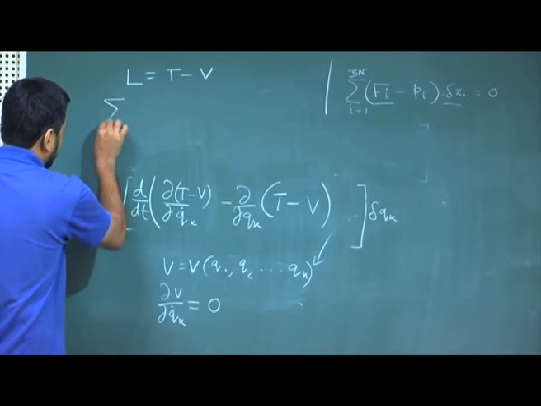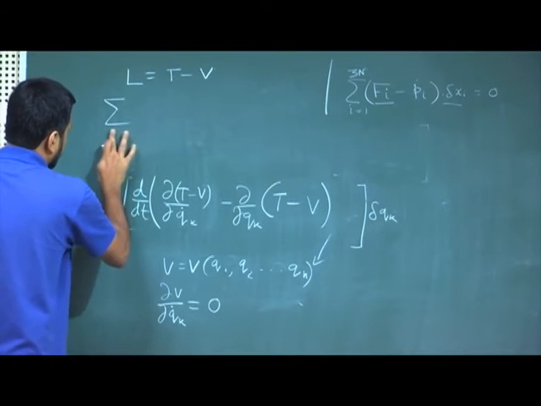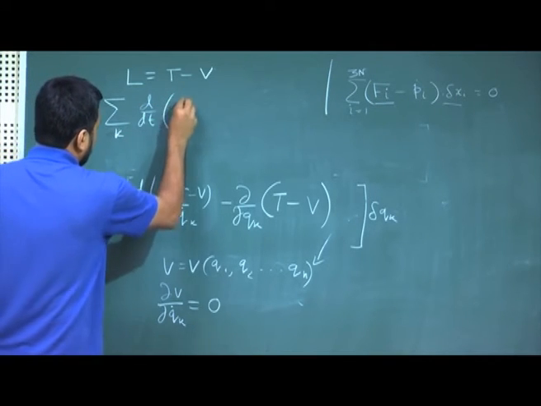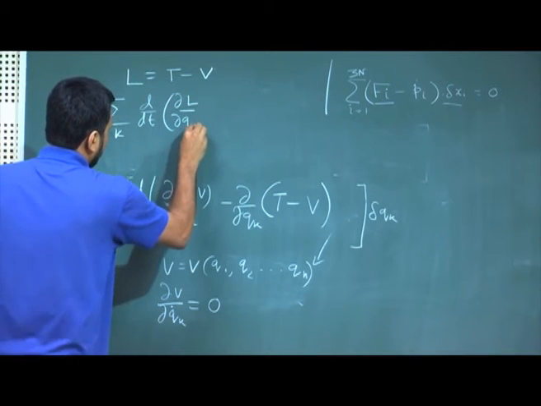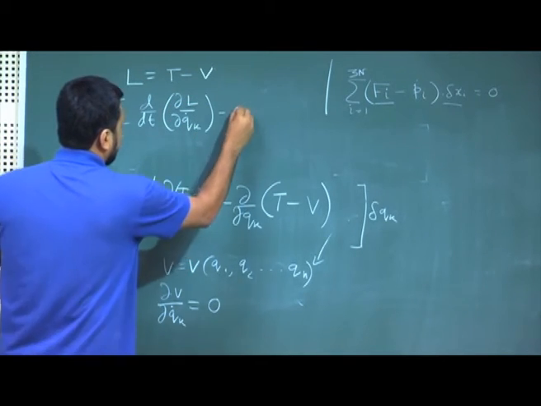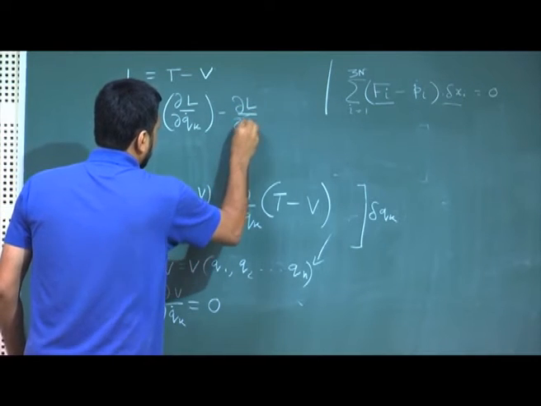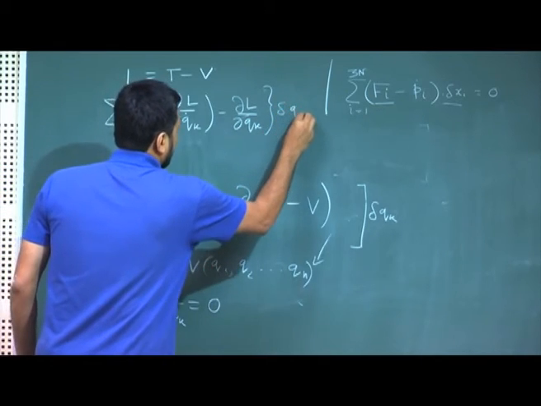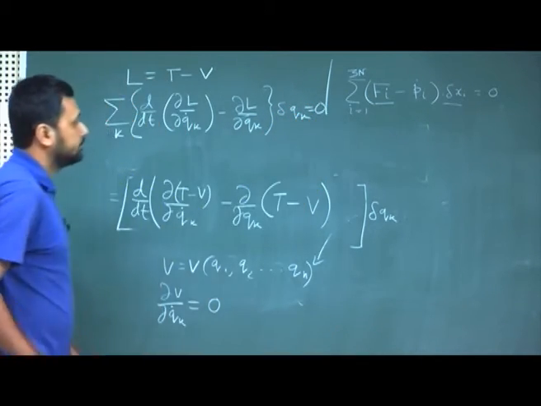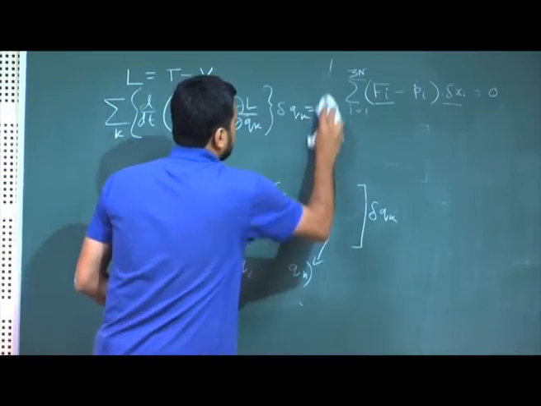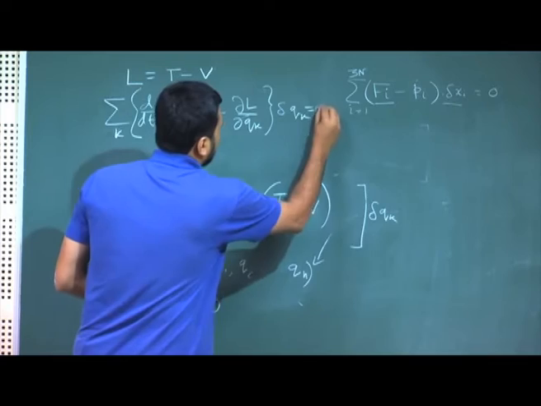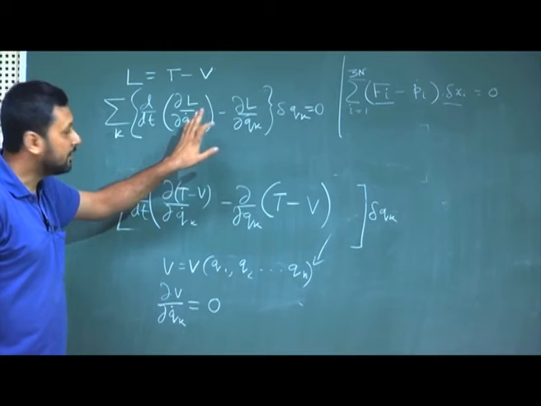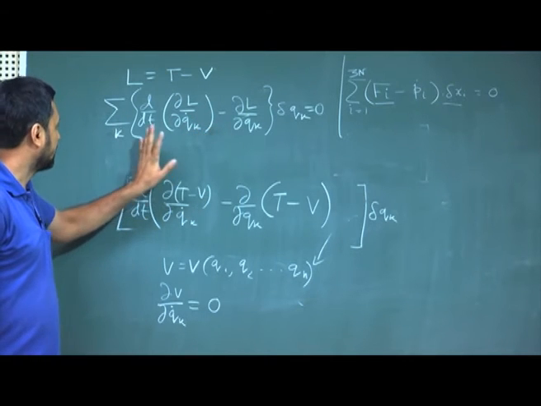I am writing the summation explicitly, sum over k, d dt of del L del Qk dot minus del L del Qk, times delta Qk, equal to 0. So, this is the form of D'Alembert's principle in the generalized coordinate system.